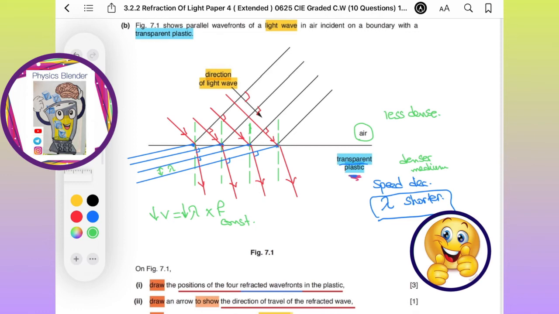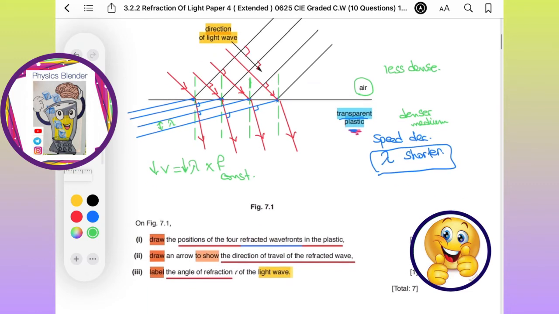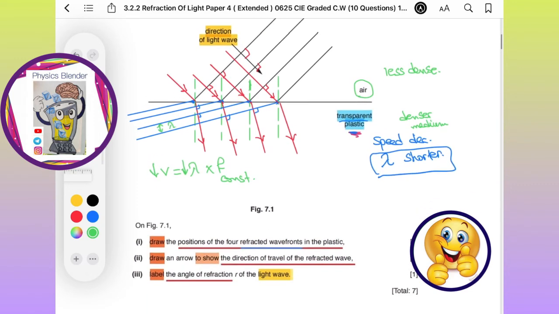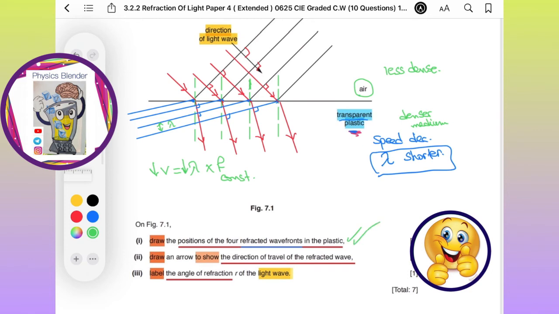Back to our question. The positions of the 4 refracted wavefronts in plastic. So this is done. Draw an arrow to show the direction of travel of the refracted wave. We did it already during our steps to draw, because I am explaining in detail. Label the angle of refraction of the light wave. Carefully, because we have many straight lines here. So this is clear, you can mark here, label the angle of refraction r.